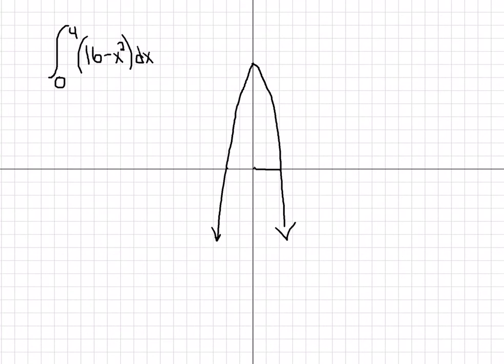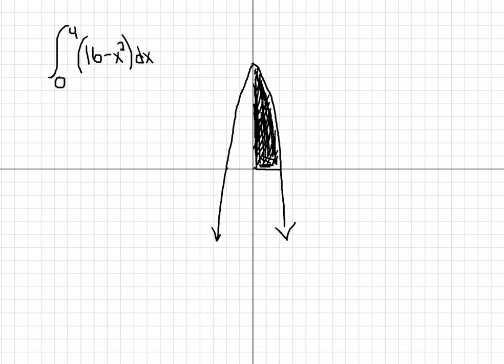It does intercept at exactly 4, 0. So we're looking at all of this area here. This is the area that we're trying to figure out. So this integral represents the area under the curve 16 minus x squared from 0 to 4, all of this.